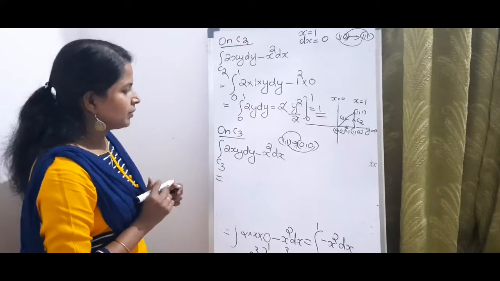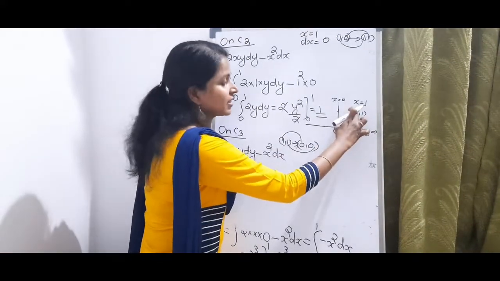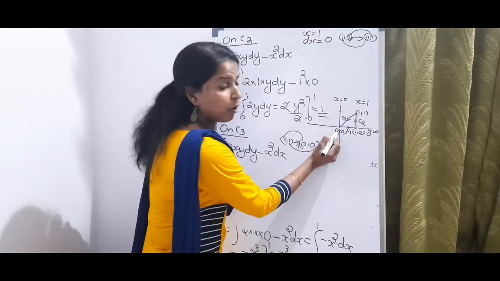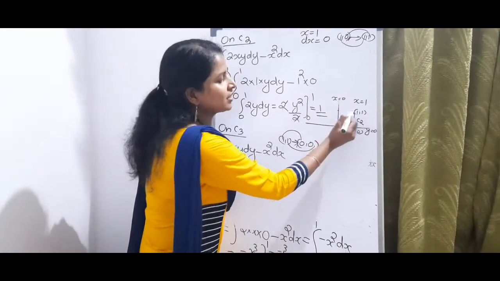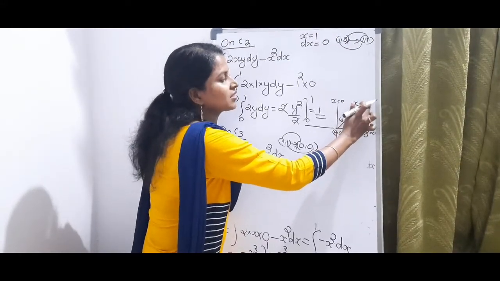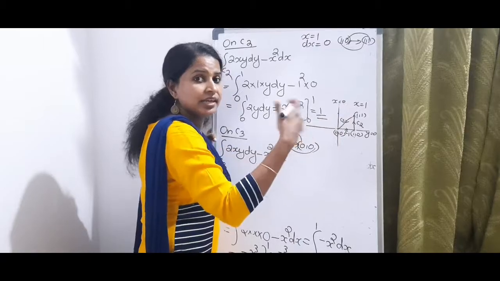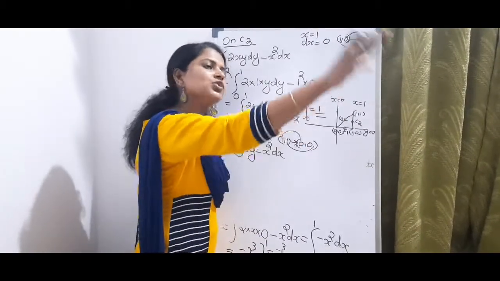Okay, then this is the curve. Starting from the point (0, 0), the next value is (1, 1). We extend this line segment and get the next point (2, 2), then (3, 3), and so on.